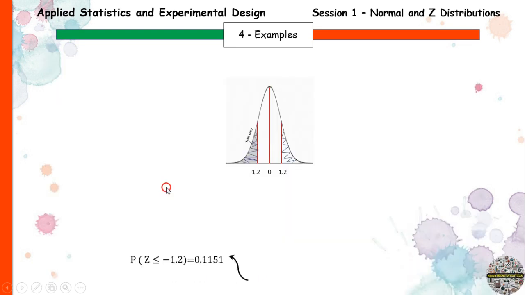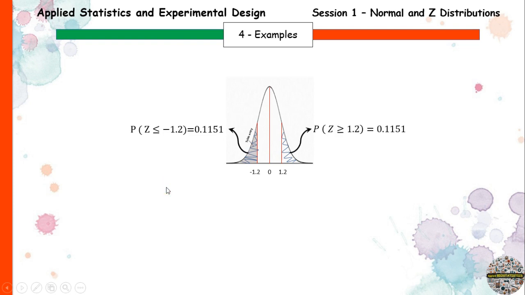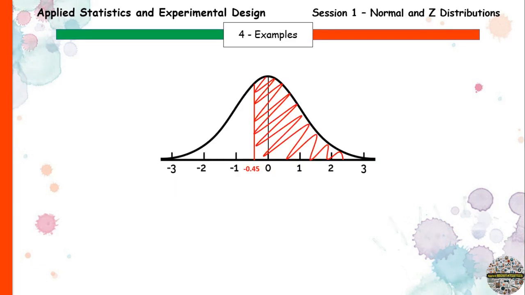So of course I will have several examples so you can learn it deeply. Here we have this value minus 0.45, and we want to calculate the probability for the values equal or more than minus 0.45.